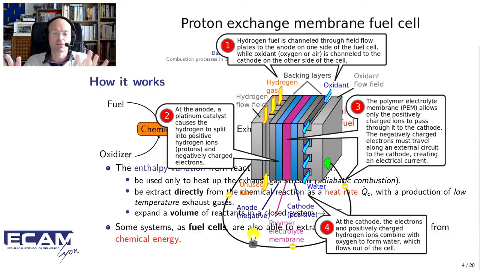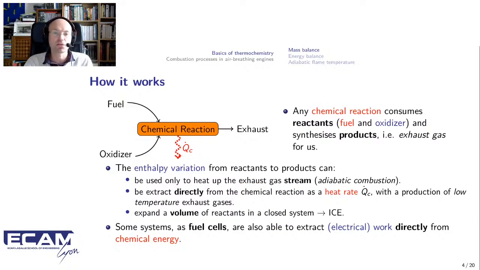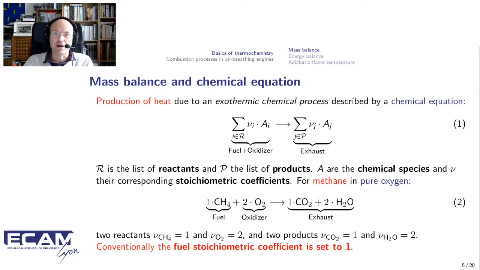And these chemical reactions exchange some electrons, and so you are producing electricity directly from the combination of these two reactions. So it's a completely different way to work. But if some of you are interested in fuel cells, we can discuss that because it's my former job, actually, so I can speak about it for hours.